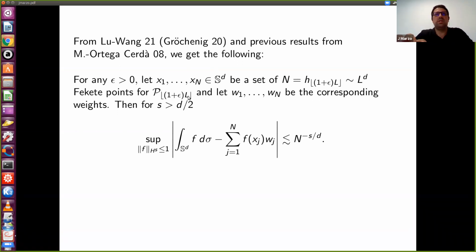So it's slightly bigger than L. In any case, the interesting point here is that this is of the same order, L to the power D. And if you compute the corresponding weights, so here I drop this L on top, then you will have the following result. For any S bigger than D halves, so as soon as you have a continuous function, the error where you compute, instead of the integral, this sum with the weights, is bounded by this quantity n to the power minus S over D. Okay?